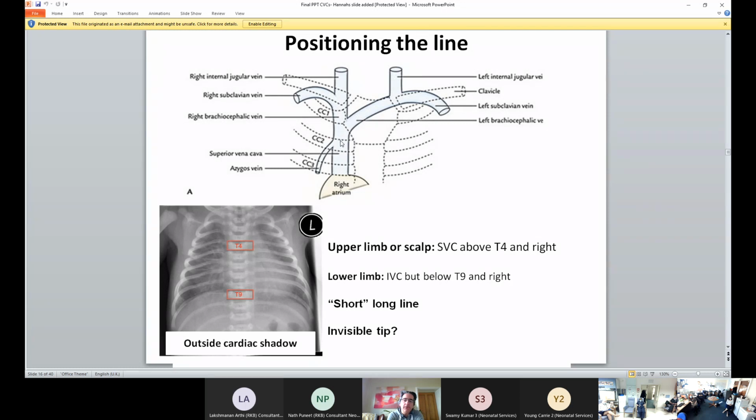In the second intercostal space, it becomes the superior vena cava. So the superior vena cava starts from the level of T3 to T4. So that's why we like the tip of the position to be above T4.